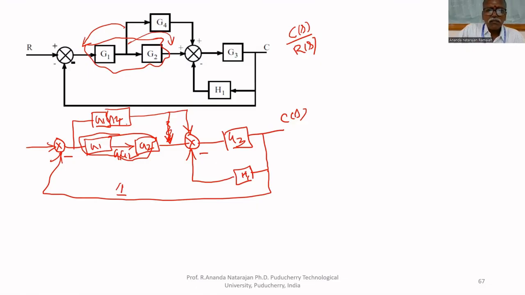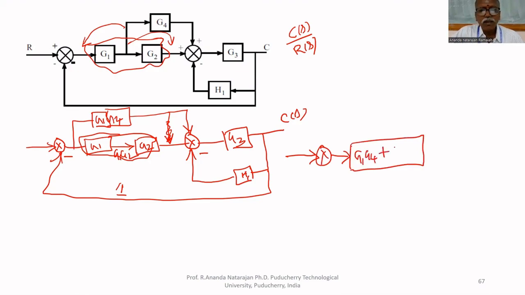Now these two are in parallel. That's why we can write another diagram: G1, G4 plus G1, G2. The feedback is there.